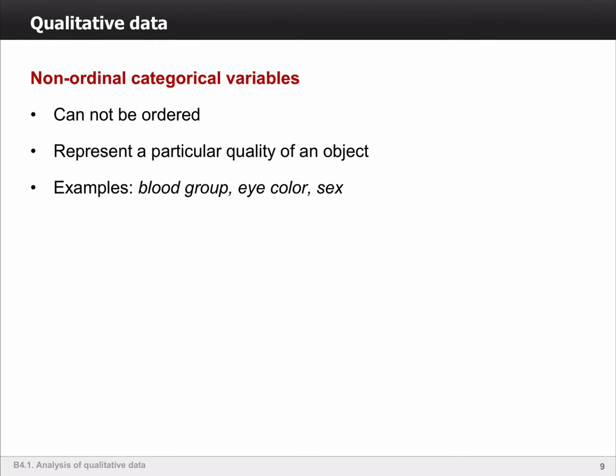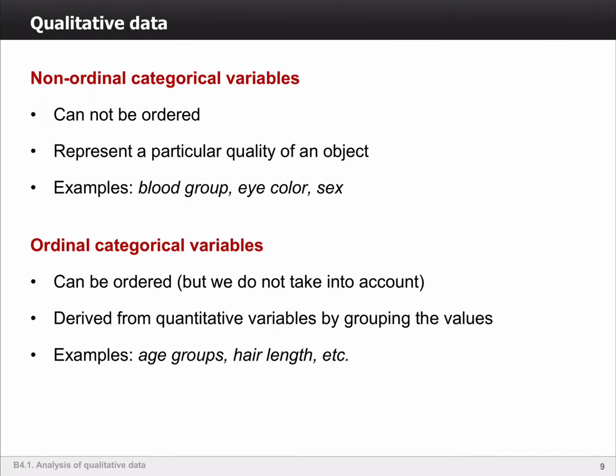So all qualitative variables can be divided into 2 parts. Those that cannot be ordered are called non-ordinal categorical variables or qualitative variables. And those that can be ordered are called ordinal categorical variables. Usually non-ordinal variables represent pure categorical parameters, like, for example, color of eyes or sex.